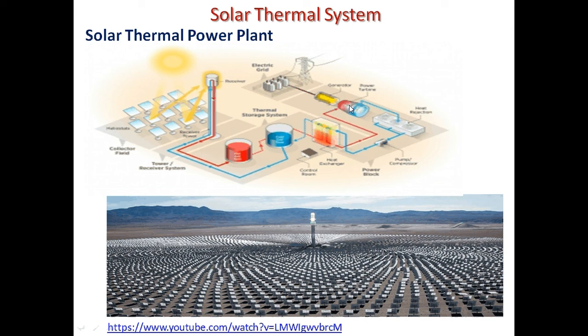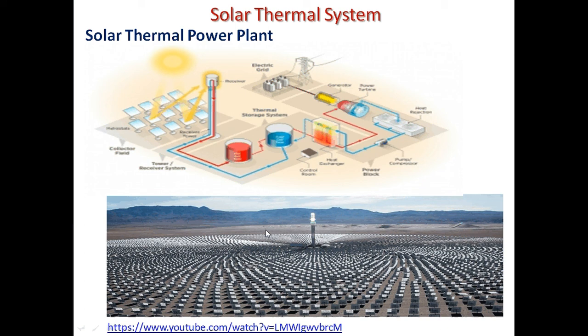Okay, to convert my water into steam, and that steam is used to rotate my turbine to produce electricity. Okay, so you can see this is a huge area. It works exactly similar to what we have in a thermal power plant. The only difference is that the thermal energy that is required is taken from solar energy, which is free. Okay, and it is clean as well. So there is no CO2 emission in this case.